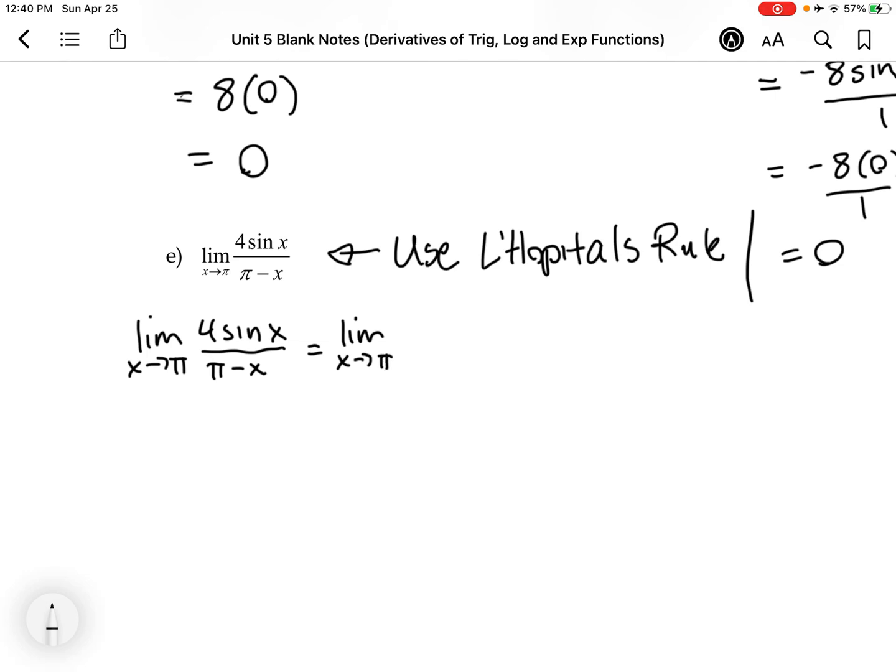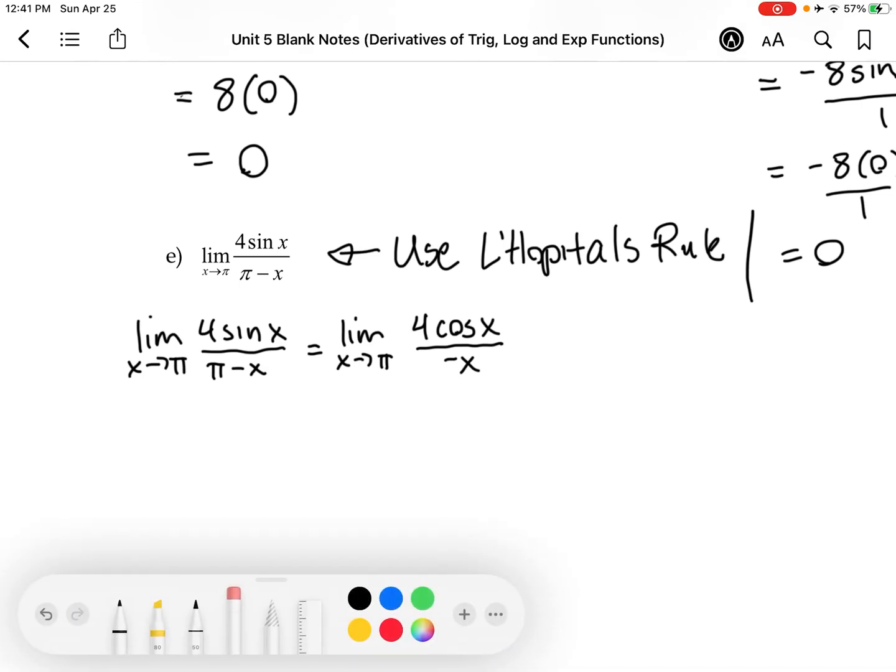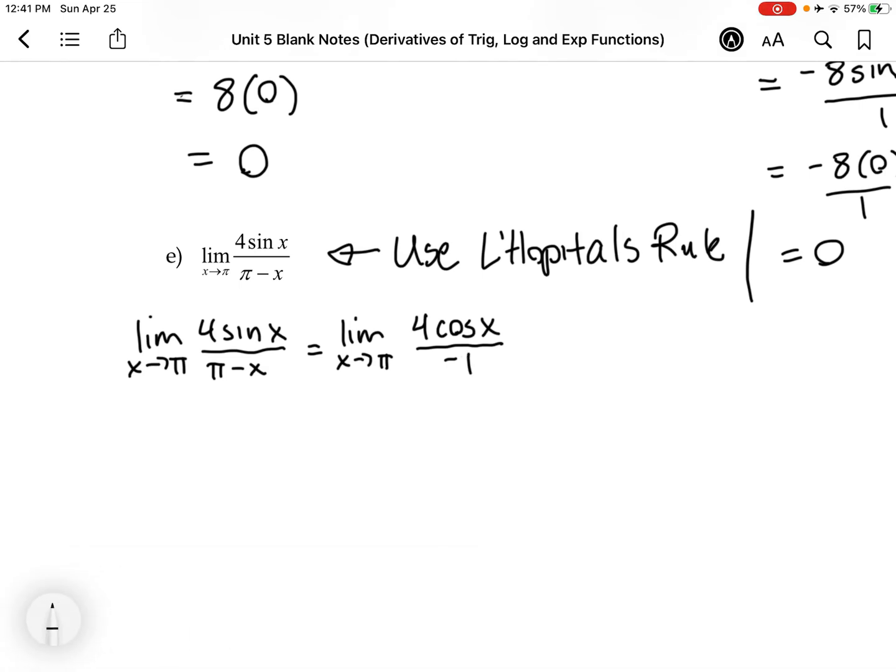So the derivative of 4 sine x is 4 cosine x over the derivative of pi minus x, which is negative 1. Sorry, not negative x, my bad. Negative 1. There we go. That's better. Okay. And now I can plug in a pi for x.